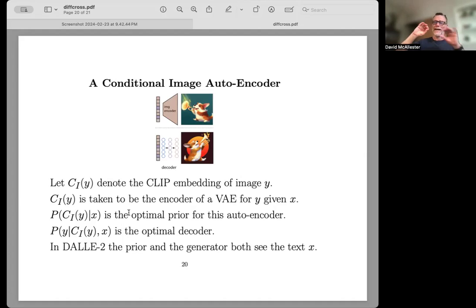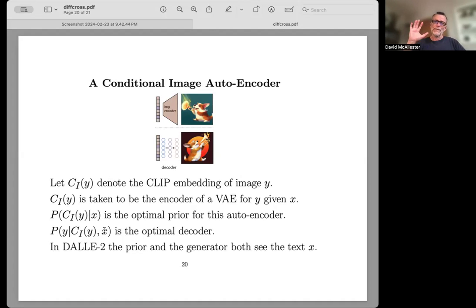The prior and the decoder, the generator, can both look at the text. So we're going to define a probability distribution over the image encoding given the text. That's the conditional prior on an autoencoder. And we can also train the decoder conditioned on X.